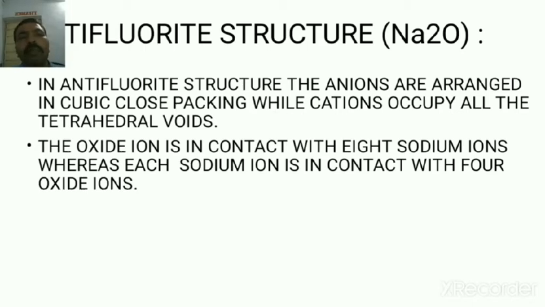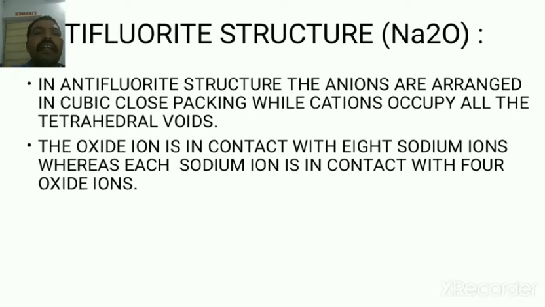Now the arrangement of the constituent particles in an antifluorite structure, that is sodium oxide, Na2O. In the antifluorite structure, the anions are arranged in a cubic close packing, while the cations occupy all the tetrahedral voids. In antifluorite, the anions form the crystal and the cations occupy the voids or the gaps.